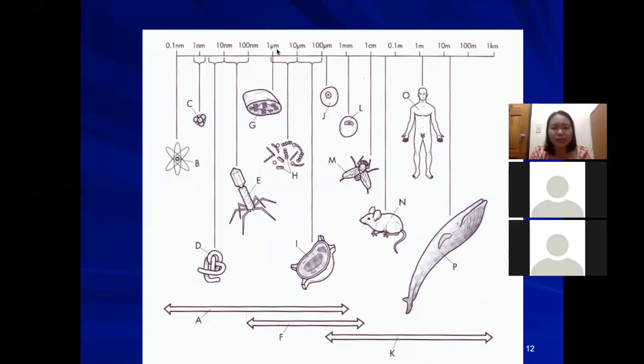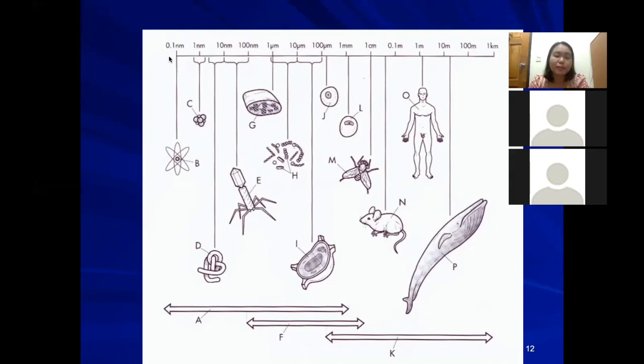The um is microns. Nanomicrons, maybe, I'm not so sure. But from 0.1 to 1 kilometer, it's actually a hierarchy from the very smallest to the largest organisms.